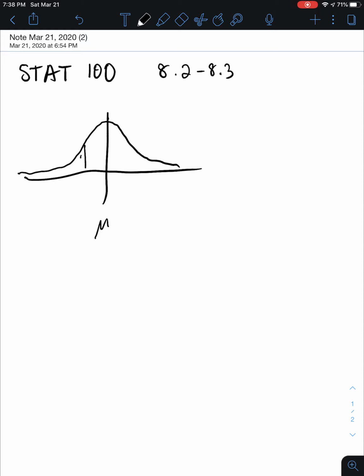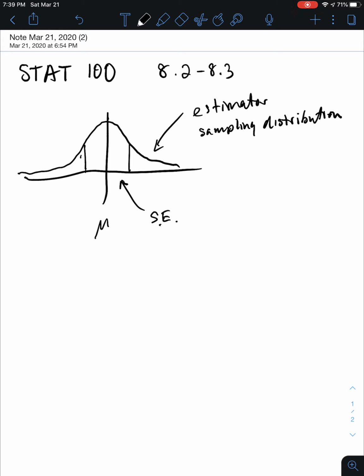And there's also a standard deviation of the sampling distribution, which we call the standard error. So this is really two things. This is our estimator, and it is our sampling distribution, this curve.